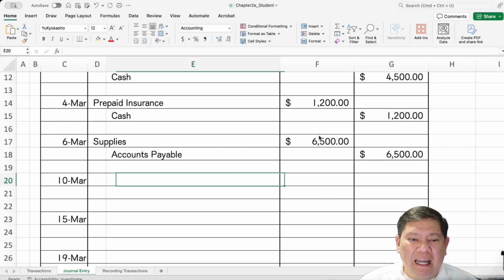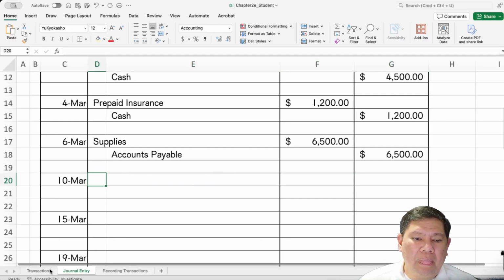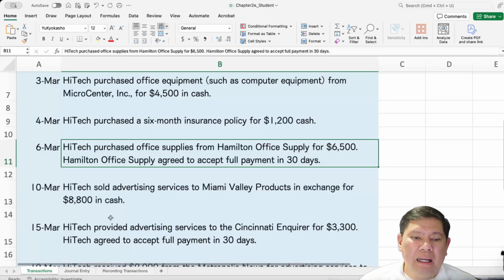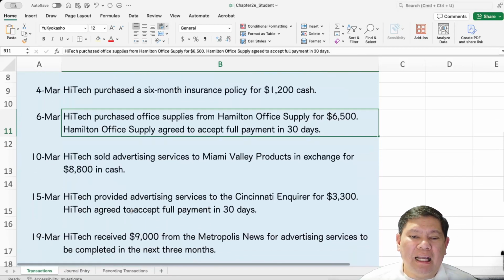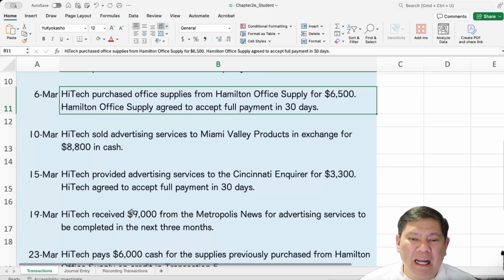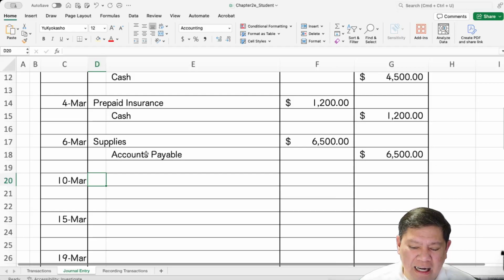On March 10, the company provided advertising services in exchange for cash, $8,800.